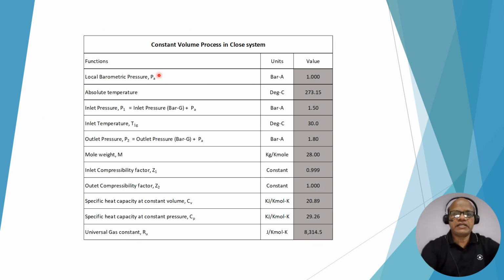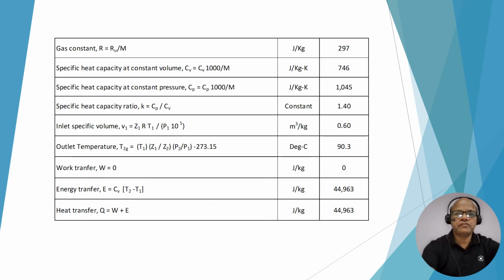So now inlet data is given: temperature, local barometric pressure. So absolute pressure P1 is calculated by adding local plus gauge, that is 1.5, temperature 30, and P2 is again added. The mole weight, everything is given. Cp, Cv all are given, Ru is given.